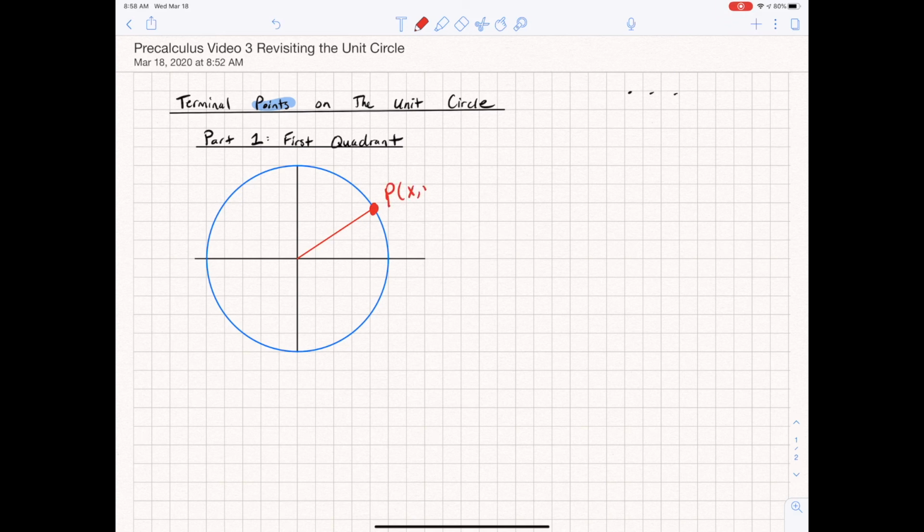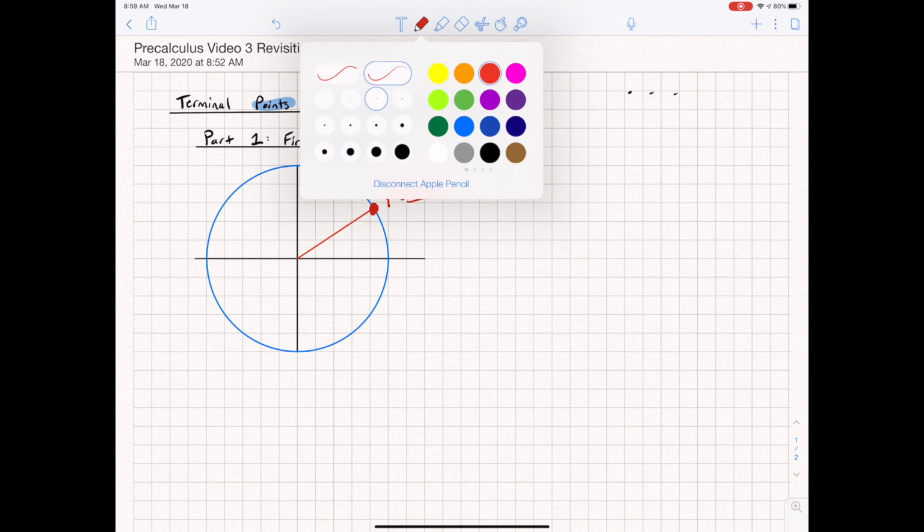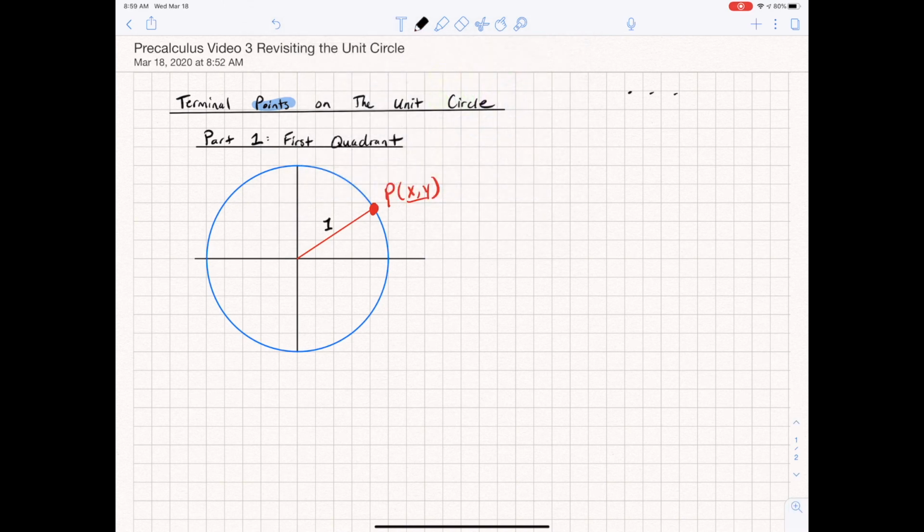And if this is in a graphing coordinate system, then I could describe this terminal point right here with an x and y coordinate. Our goal today is to make all of the connections from what we've been doing to locating what this point is, what it implies, and what we can do with it. Focusing on the first quadrant, we know my radius is 1 because this is a unit circle.